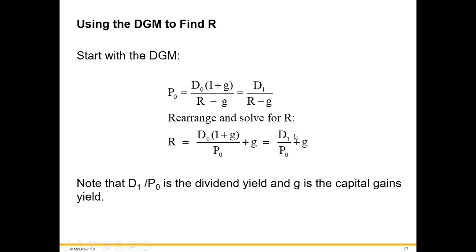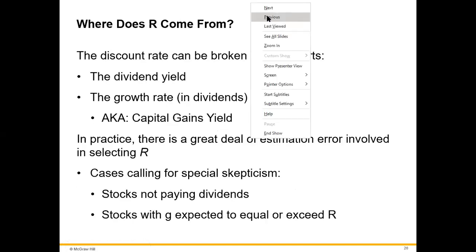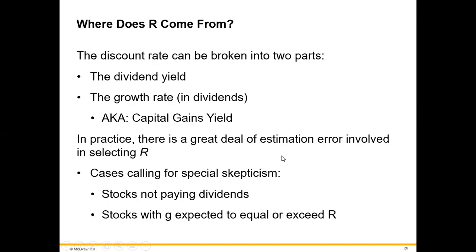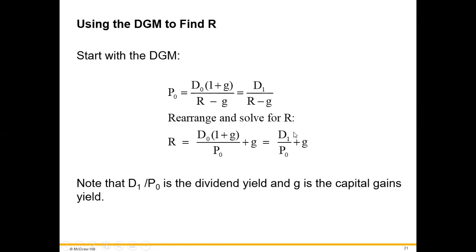R equals the next dividend, D1, divided by the price today, plus the growth. So it's just about putting the variables into the formula that we do know. D1 over price is our dividend yield, and growth is the capital gains yield. That's the growth expected on the stock.